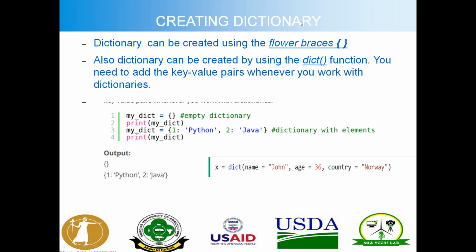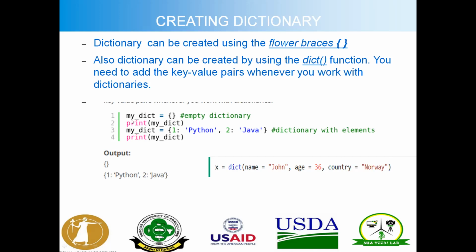If you remember, on the list data structure we didn't use the curly brackets, we just used the square brackets. So the difference between the dictionary and the list is that in the dictionary we use the curly brackets, and in the list we just use the square brackets. These are the two ways of creating a dictionary.